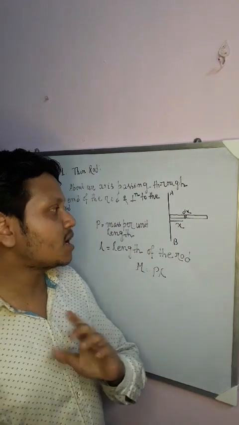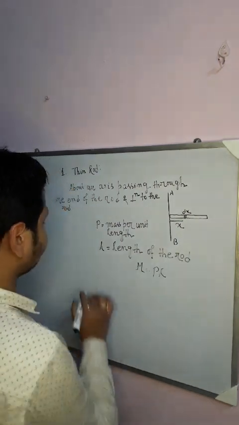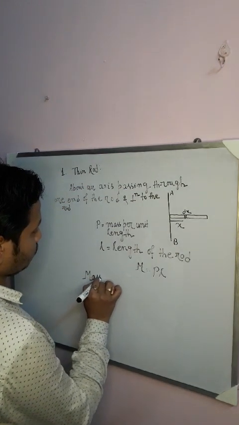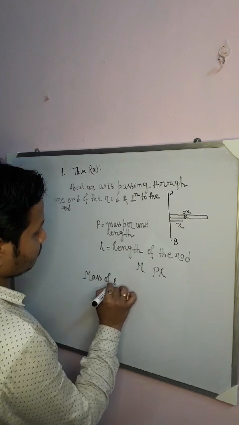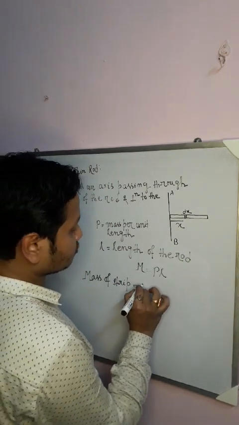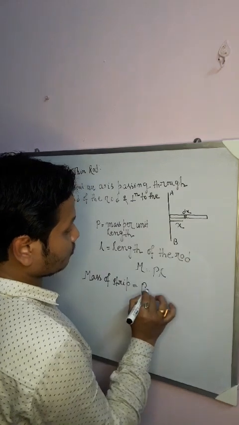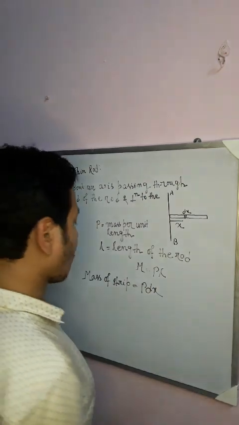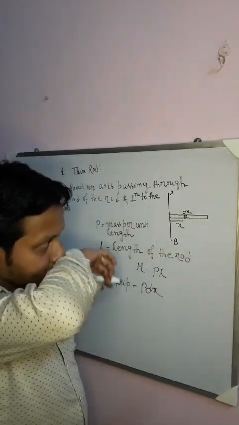So what will be the mass of the strip? Mass per unit length is rho and the width of the strip is dx, so the mass of the strip is rho dx.